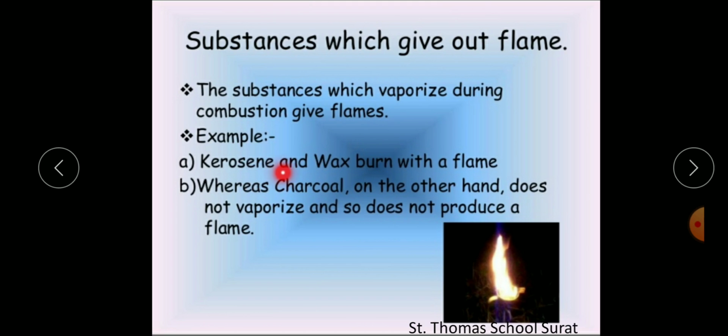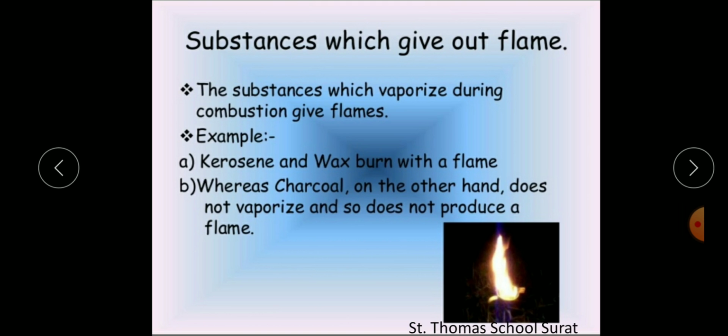Example, kerosene, wax burn with a flame, whereas charcoal on the other hand does not vaporize and so does not produce a flame. Okay students, understood what is flame? The substance which vaporizes during combustion gives flames, whereas which does not vaporize, they do not produce a flame.